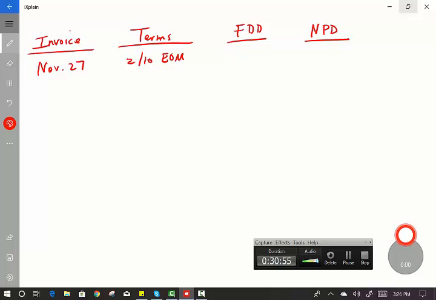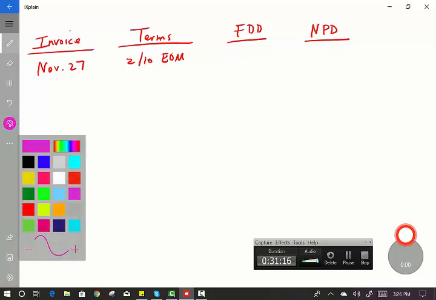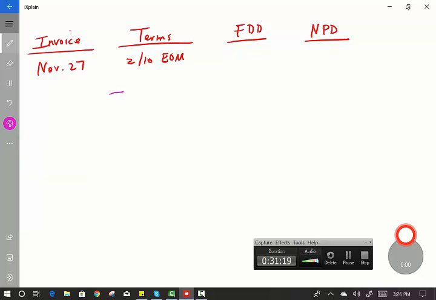Okay, therefore, remember whenever you're using the end of the month method, the format indicates that. We use the actual invoice date, but if it's the 25th or greater in the month, you skip all of December and go to the following month of January. So we're going to go to January plus the number of days in the terms equals January the 10th for the final discount date.